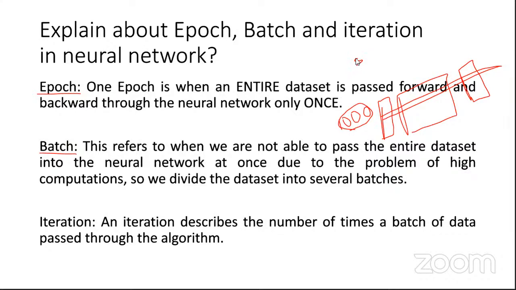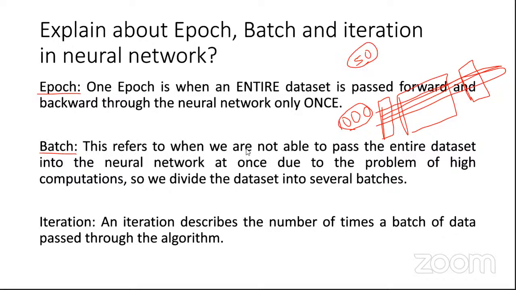We will send 50 at once, and when it flows back, whatever the error loss is calculated, the next 50 will be sent. The whole data set is split into batches. This is called a batch.